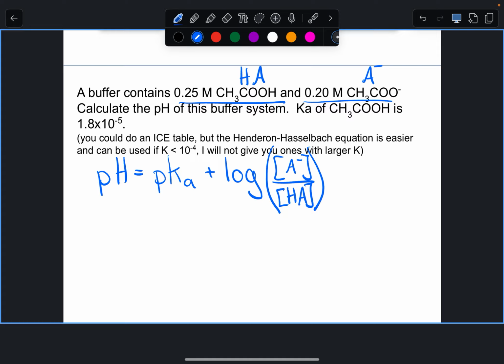Figure out what the pH of this buffer solution would be before we do anything to it. So I'm going to write the details of the math you're plugging in here.